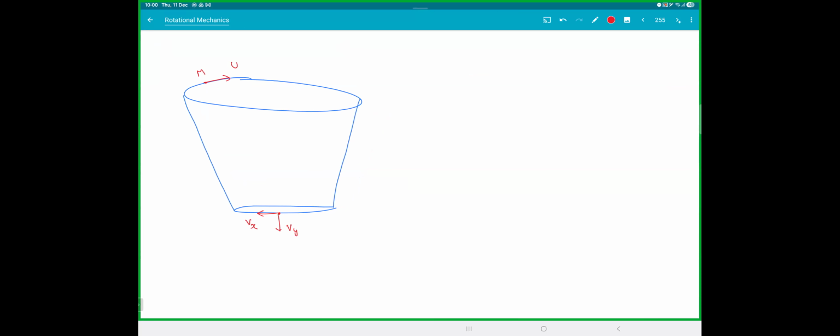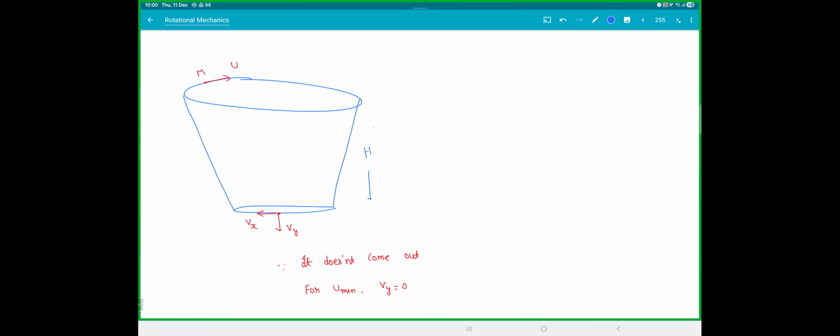So this will actually try to come out at an angle. Since you're asking for minimum speed, Vy must be 0. Since it doesn't come out, for u minimum, Vy must be 0. Great. This height is h.